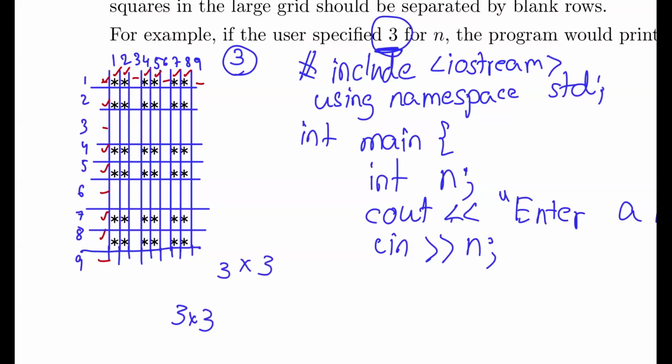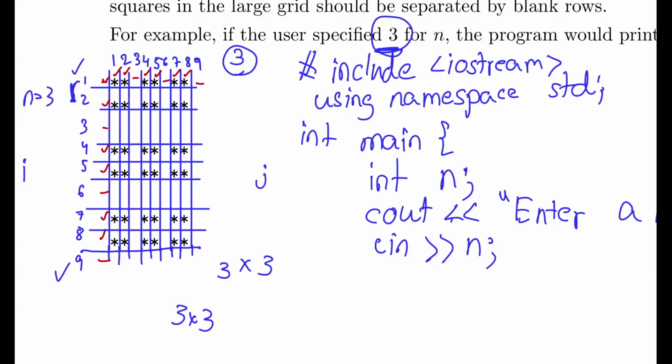All right. So as you can see, we start from 1 to 9. Why? Because the input n is 3. And then every time, 1 and 2 are not divisible by 3. So let's say i is the row index and j is the column index.